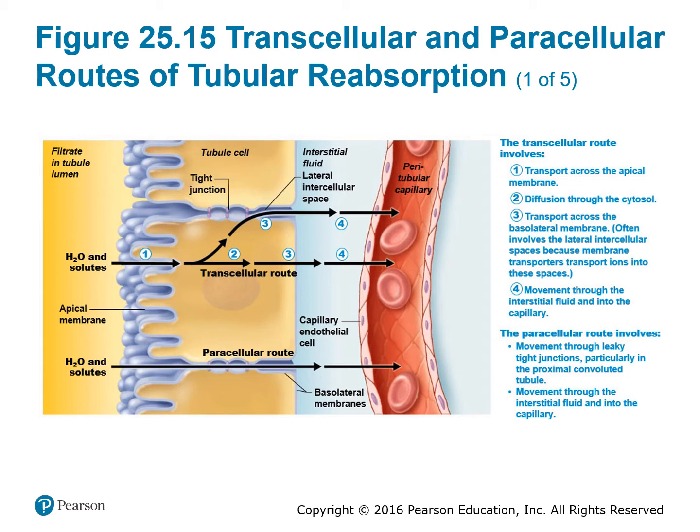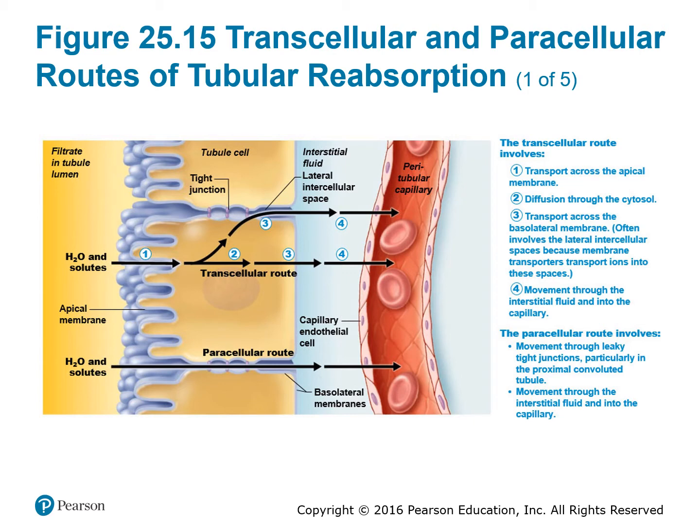Number 4: we see our paratubular capillary here and our red blood cells. So there is movement through the interstitial fluid and into the capillary. Remember, this is what's happening in our body all over anyway. We have our blood flow, and then it goes out into the interstitial fluid and comes in contact with our parenchymal cells.